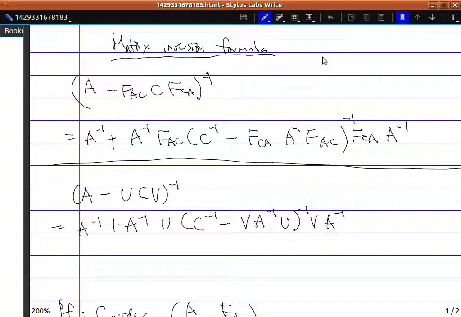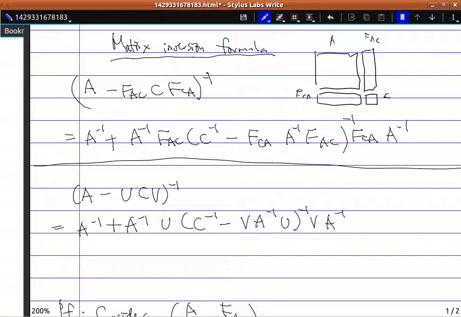So I may have A like this, and this can be my F_AC of the size like that, and this is F_CA, and my matrix C is also a square matrix. This matrix inversion formula is useful typically when A has much larger size than C.